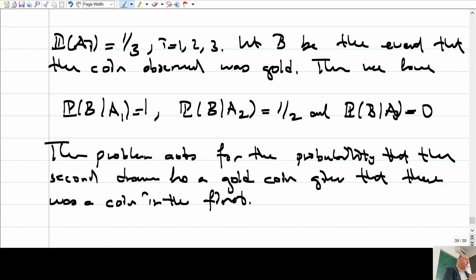The first drawer has a gold coin and you ask the probability that the second drawer also has a gold coin.